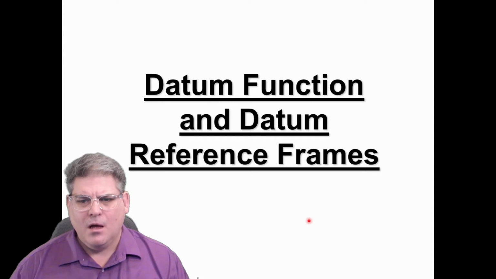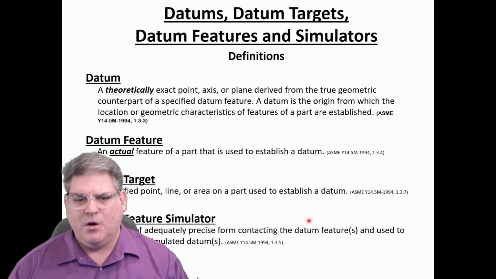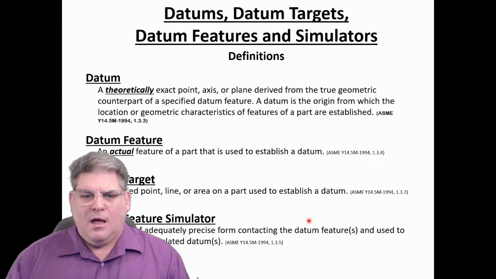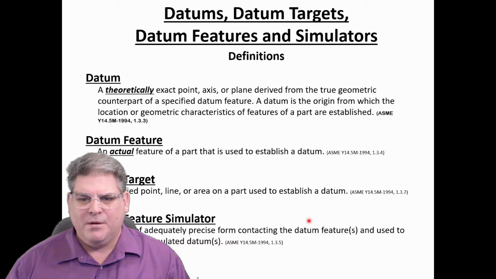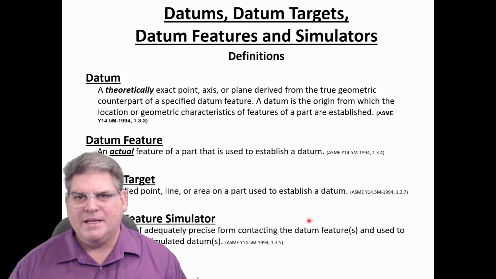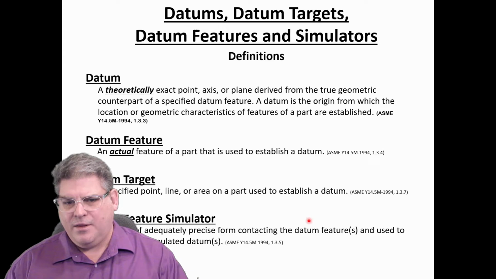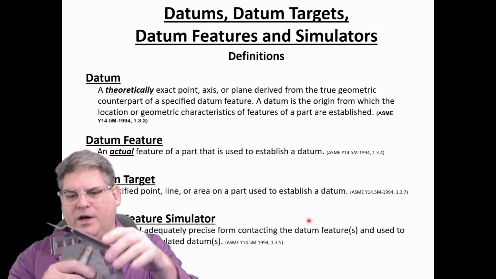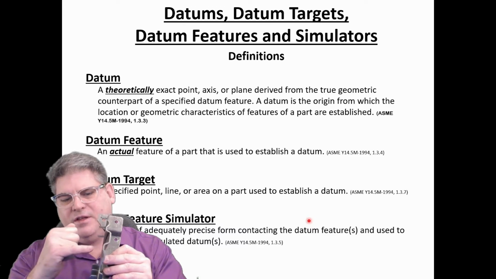All right. Datum function and datum reference frames. Okay, so this is difficult to explain because you need to be a little bit conceptual. So a datum is a theoretical exact point. Okay, so in this case, they called a datum this surface. They called this surface, and they called this hole.